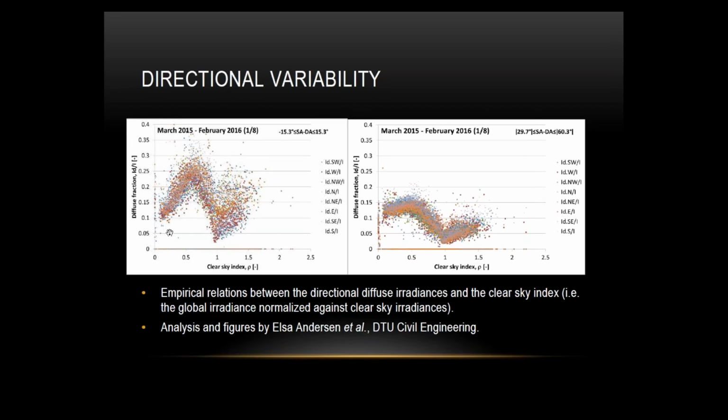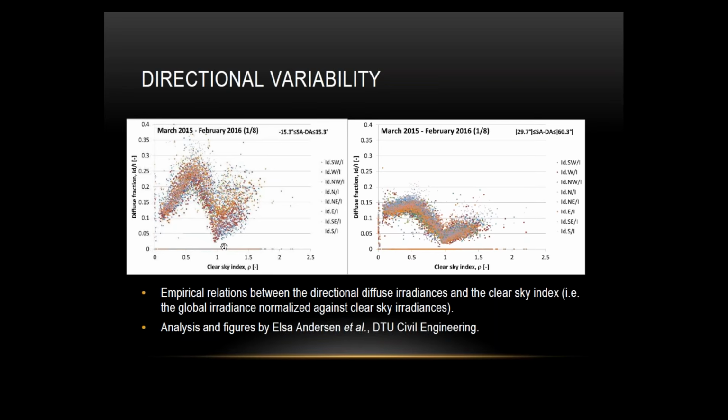And here you see if you have the solar azimuth within plus minus 15 degrees relative to the opening of the dome, you get this diffuse fraction as a function of the clear sky index. And the clear sky index is normalized relative to the irradiance you'd get at the surface during clear sky conditions. We use a clear sky model to simulate this. Here specifically it's the Xavier model from 1990.